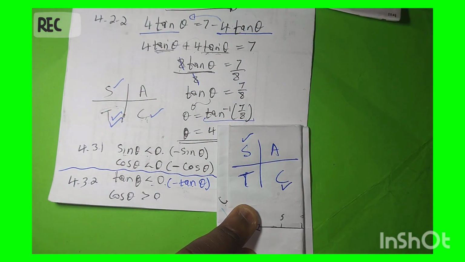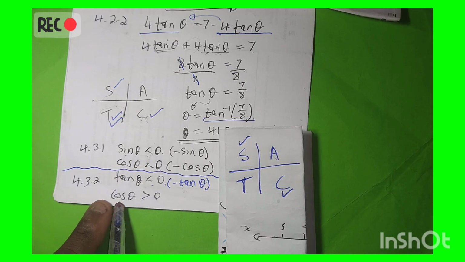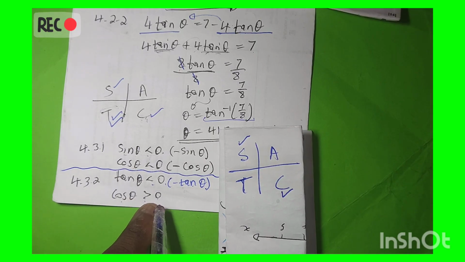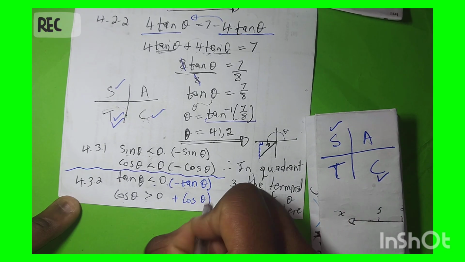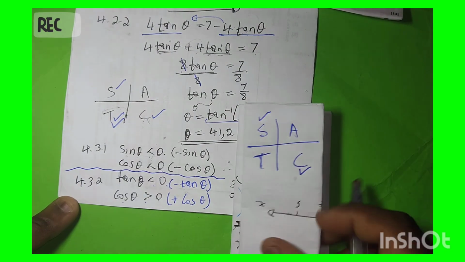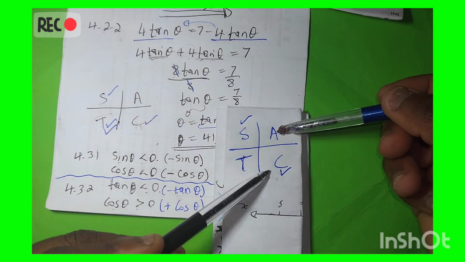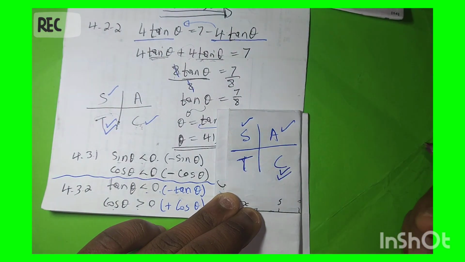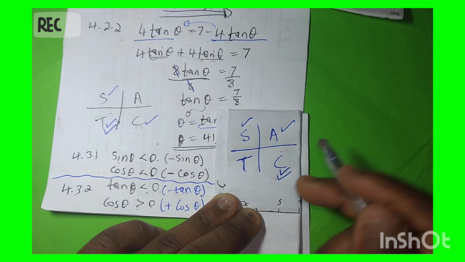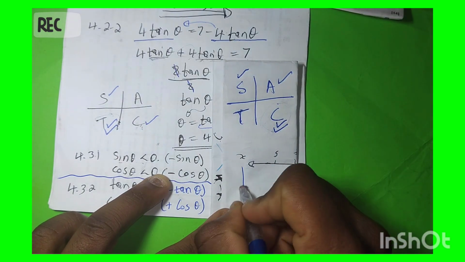They also told you that cos is greater than 0, which is positive. So cos will be positive in this quadrant, and you can tick here and tick there. Where you tick twice, you take it.